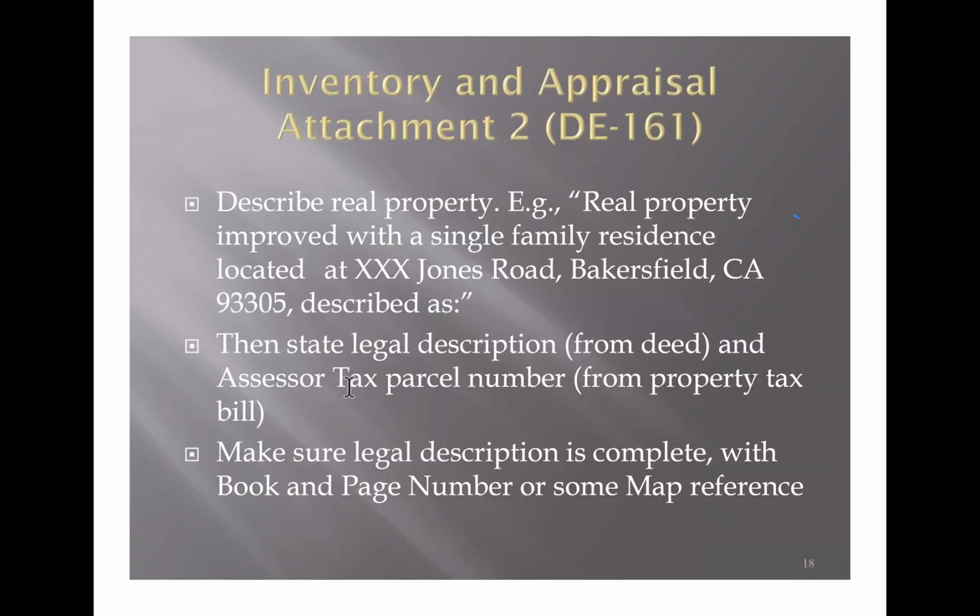It's always nice to have the street address in there. That saves a lot of confusion when you're looking at old deeds. Okay, so these are the written instructions for what I basically just said, so if you need to go back and refer to them, you can.